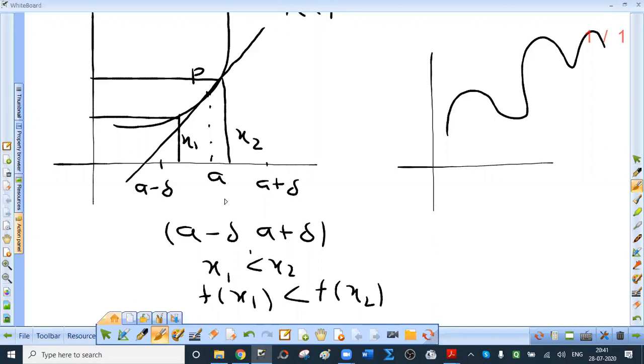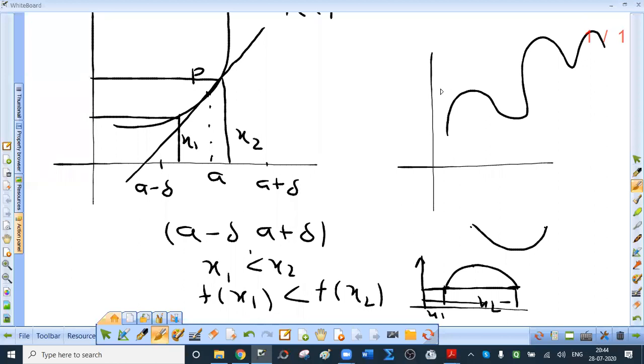I will repeat this. So how to define an increasing function?